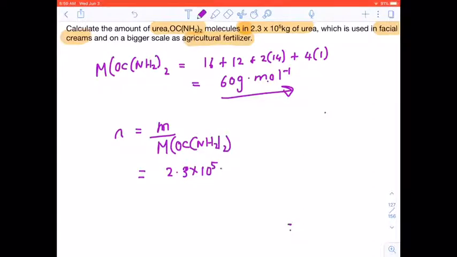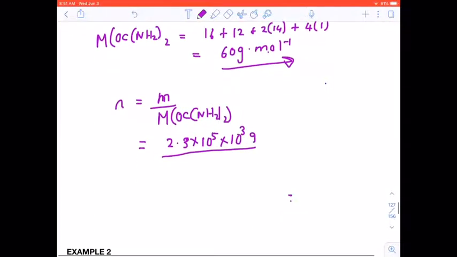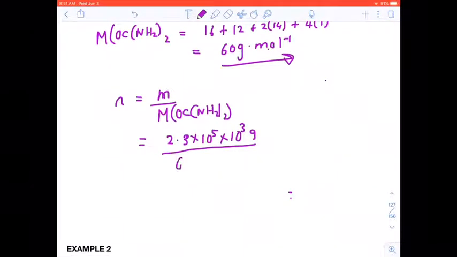To convert it to grams, I multiply by 10 to the 3, and that gives us, we know, 60 grams per mole.